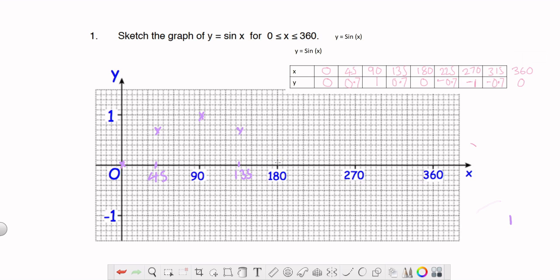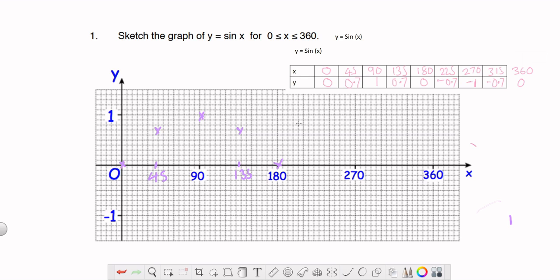Sine 180 is 0. Already you can see what's happened here. It's not exactly like a straight line, is it? It sort of curves. It's like part of a roller coaster ride. But we'll join them up later on with a smooth curve.